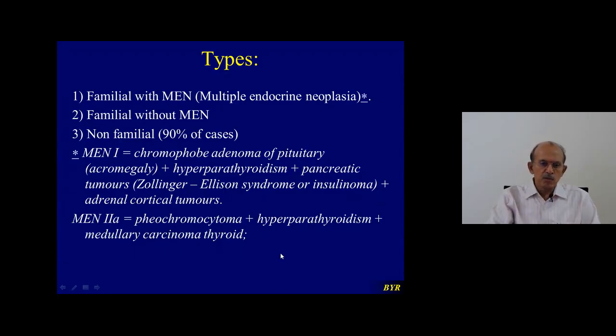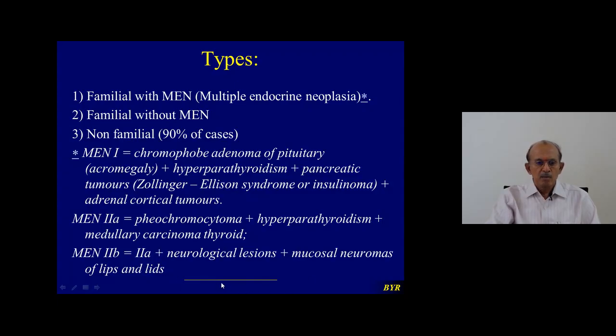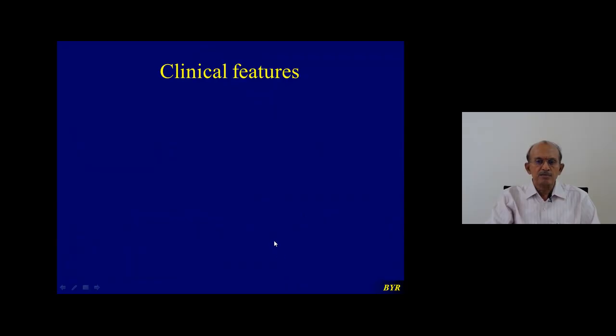MEN type 2A means pheochromocytoma, hyperparathyroidism, and medullary carcinoma of the thyroid. Type 2B means type 2A plus neurological lesions and mucosal neuromas of the lips and lids, because the squamous cells also are derived from neural crest cells. So these are the types of medullary carcinoma.